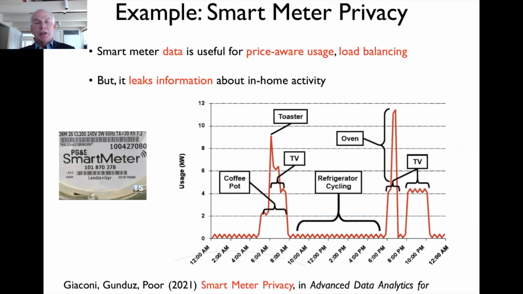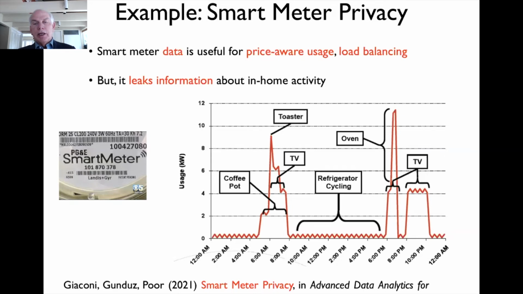For example, we can look at smart meters. A smart meter is, of course, an electricity meter that reports usage in almost real time. And of course, it does that because it makes the power grid more efficient, right? You can do load balancing, price-aware usage, and so forth, but it leaks information. It's well known that smart meter traces leak information.